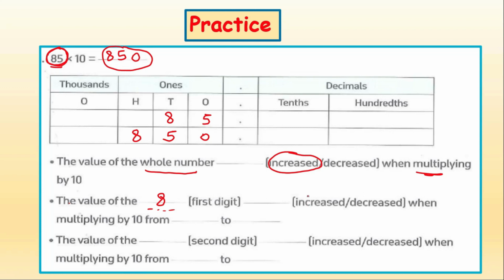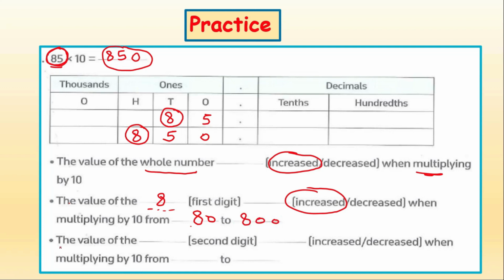Of course increased. Right? Okay. By multiplying by 10, from which to which? From 80 to... let's look at the chart: here it was in the tens, then moved to the hundreds. Okay, so from 80 to 800.